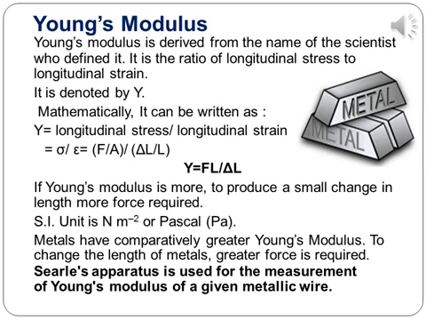Then Young's modulus Y is equal to sigma divided by epsilon, which is equal to F by A whole divided by delta L by L, which is equal to FL divided by A delta L.